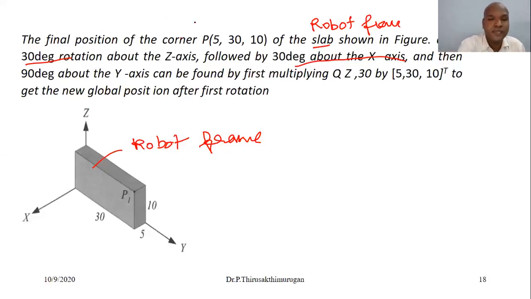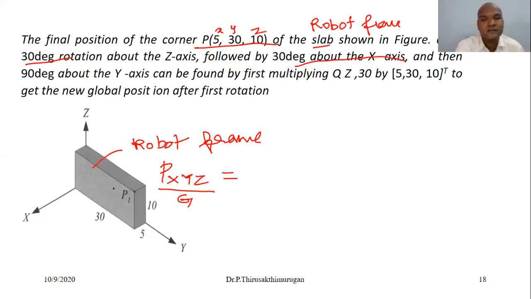First we have to find the transformed matrix P, X, Y, Z. This is global, whereas the point given is small x, small y, small z.